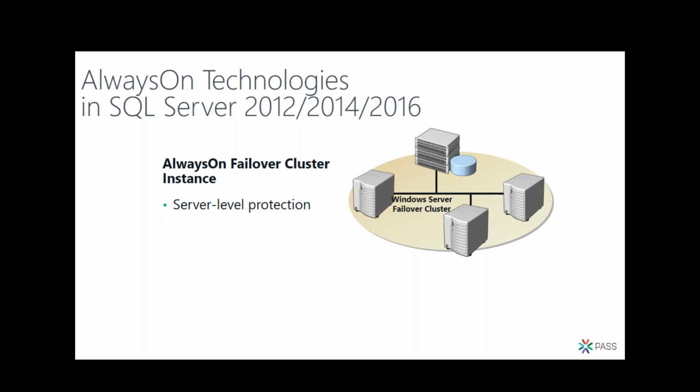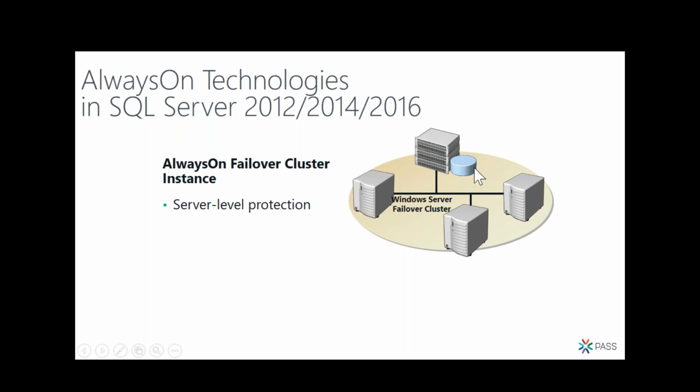This is what we usually know as a failover cluster configuration. The nice thing about this configuration is that if one of the servers fails, the other will take the load. But we still have a single point of failure, which is our storage.